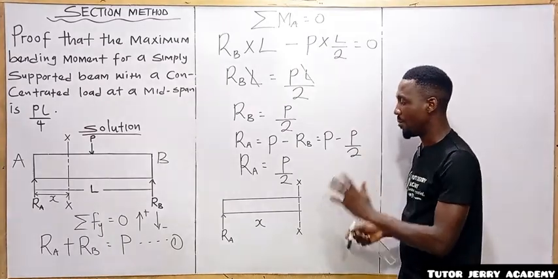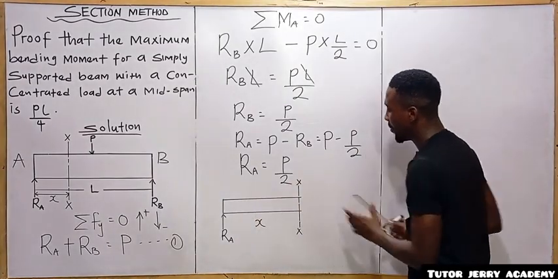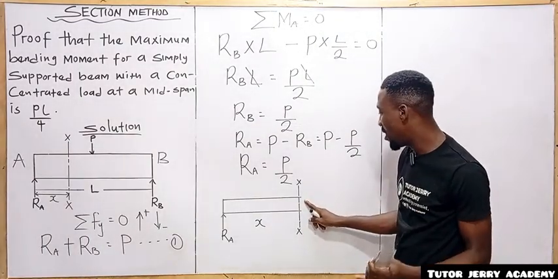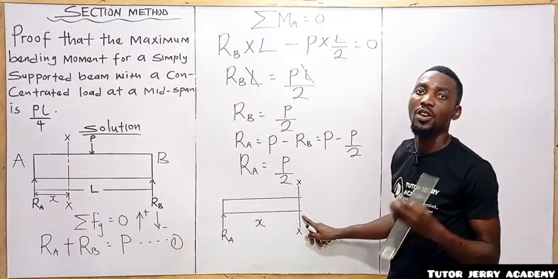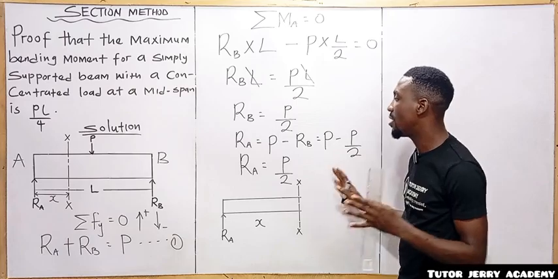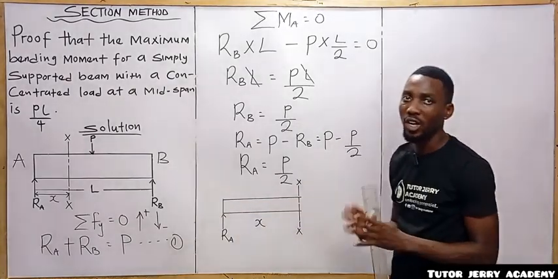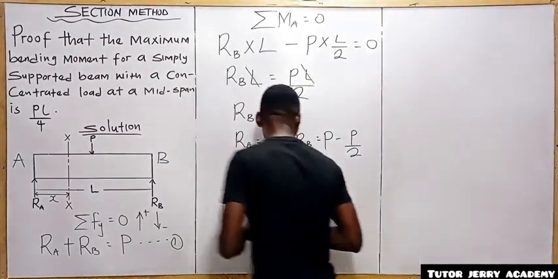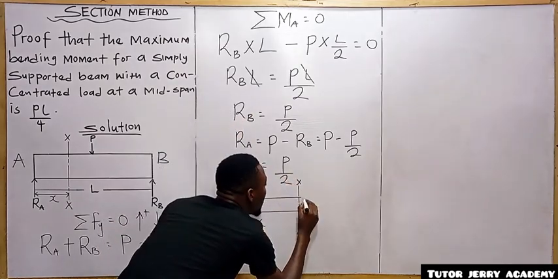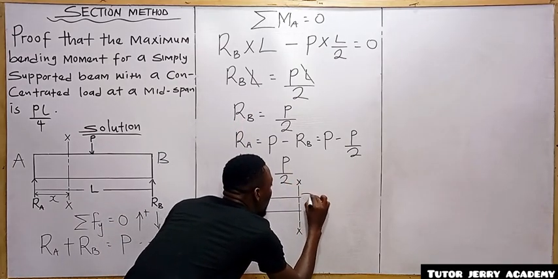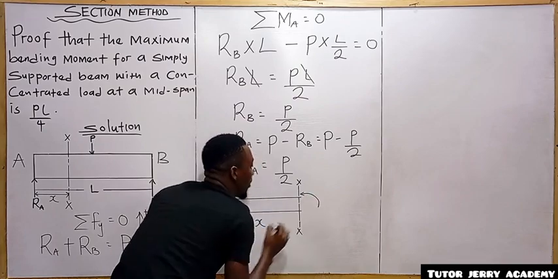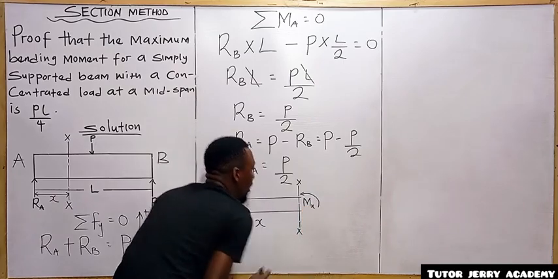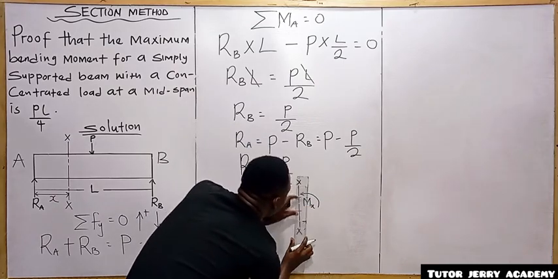Anytime you section a beam and you want to draw out the beam, we are going to have moment, shear force, and then normal force. But since we don't have any horizontal force here, we are not going to consider the normal force. So we are going to have moment, which we call M subscript S, and here we are going to have a downward shear force.